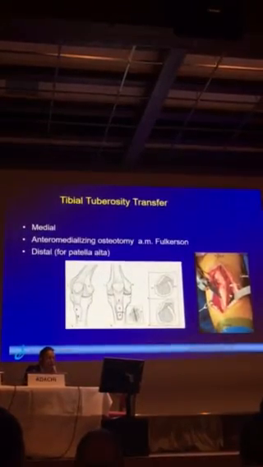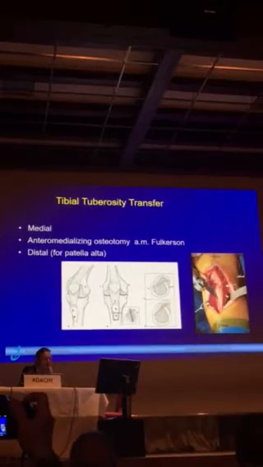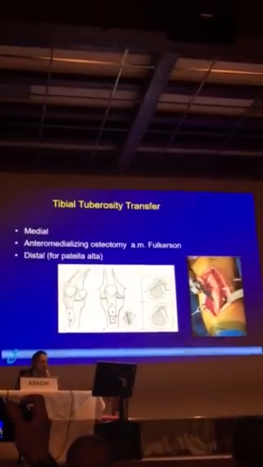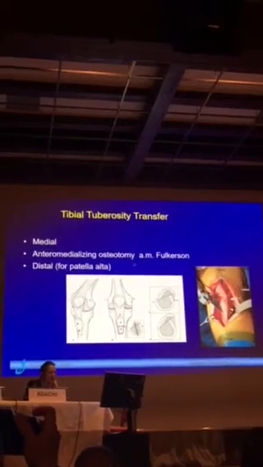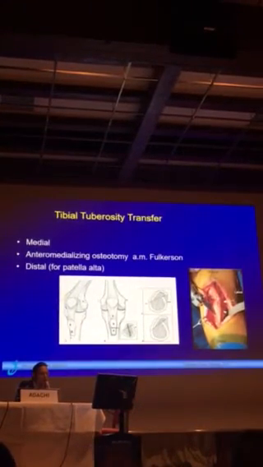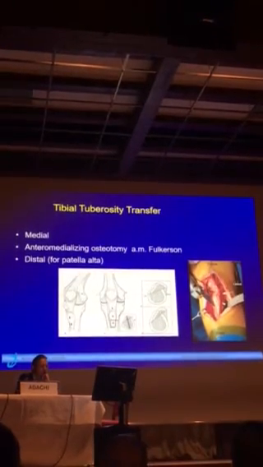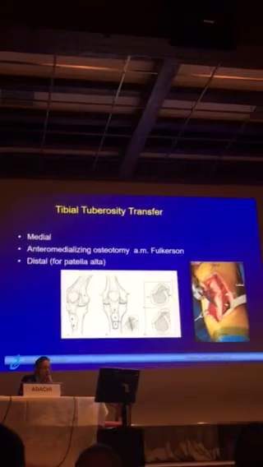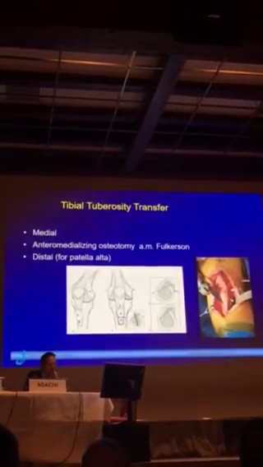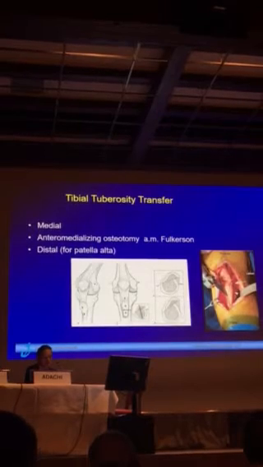Tibial tuberosity transfer can be either straight medial, as we saw by Weiner a little bit ago, but it can also be anteromedializing, as described by Fulkerson, where you have an oblique osteotomy, and when you medialize, you also anteriorize the insertion, which can offload patellar cartilage lesions. So that is an indication for doing this type of osteotomy.